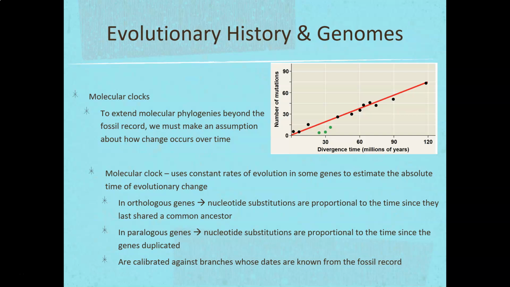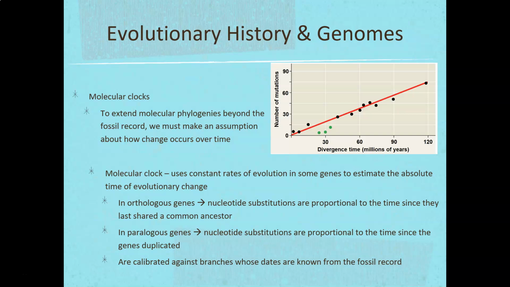With orthologous genes, those nucleotide substitutions are typically proportional to the time since they've occurred in a shared common ancestor, whereas with paralogous genes, the nucleotide substitutions are proportional to the time when the gene duplicated. But we can use these to calibrate those branches when we know other data.